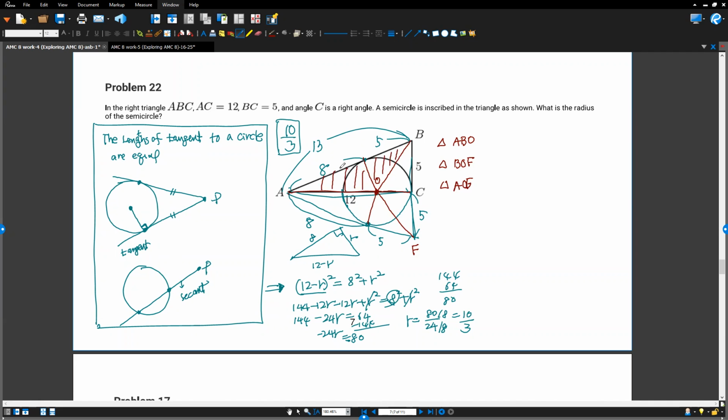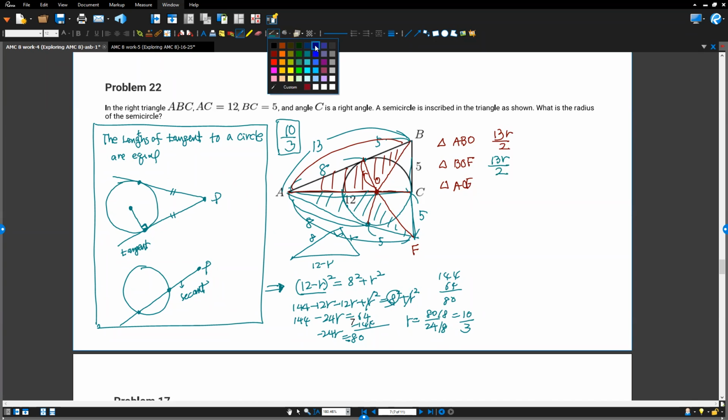What is the area of this one? 13 times R divided by 2, right? 13 times the height R divided by 2 is the area of triangle ABO. What is the area of this other one? It's 12 times, that is 12, that is 13, right? That's the same thing. Yeah, that's the same answer. That's 13 over 2.